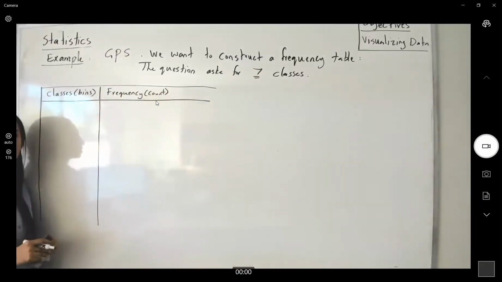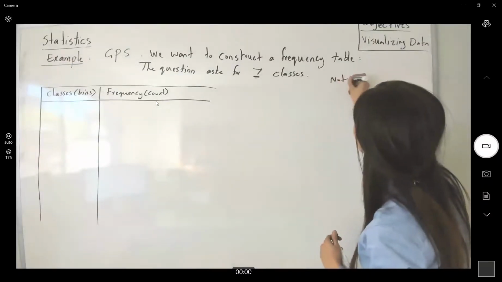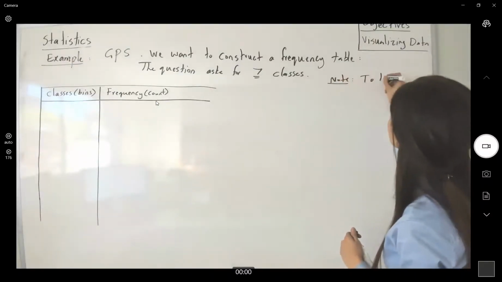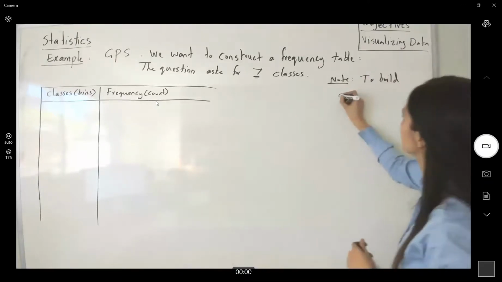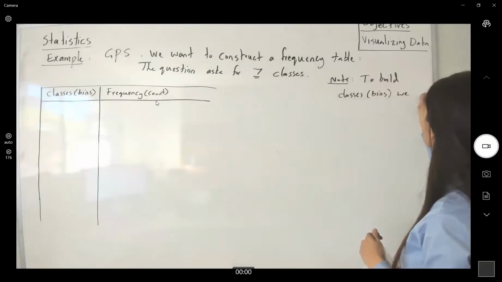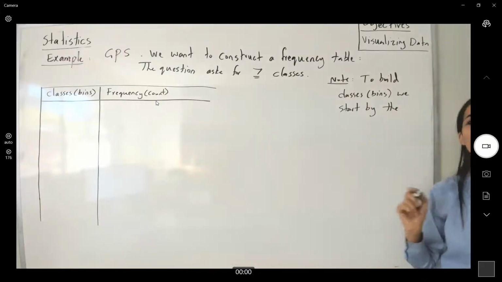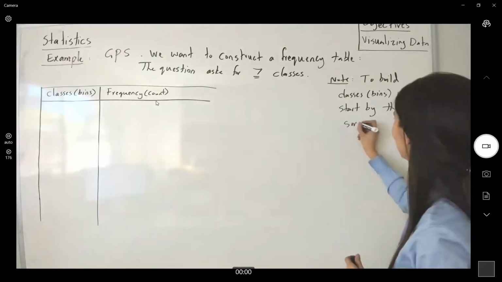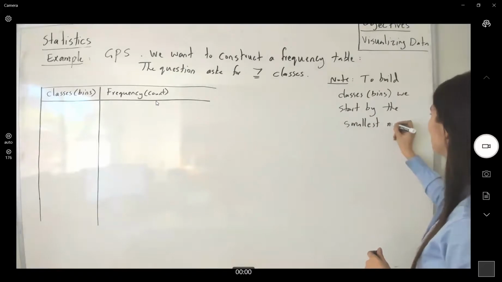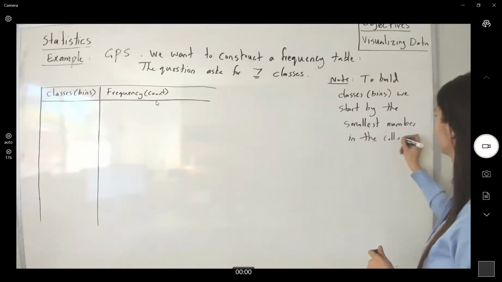The next one is going to be frequency, or the count. So how do we build classes? Where do we start? Note: to build classes or bins, we start by the smallest number in the collection.